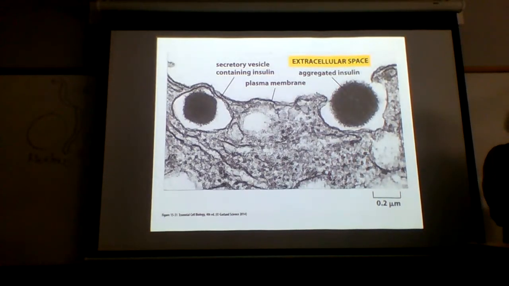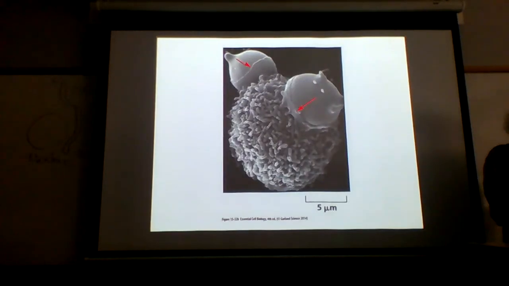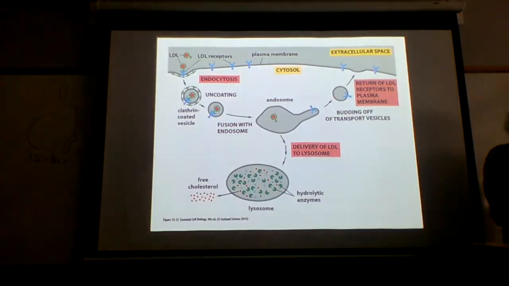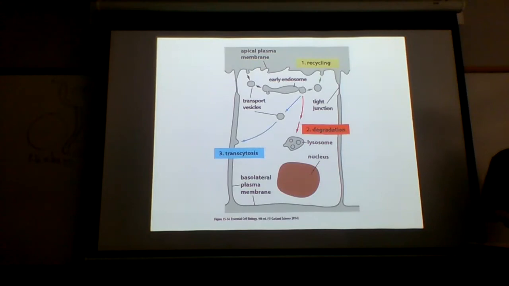And here is a bacterium being engulfed by a phagocyte. We'll talk a little bit about this when we get into receptors and things. The mechanism by which receptors can be pulled from the cell surface, recycled, and put back out was first discovered with cholesterol metabolism, but we'll get into that later.